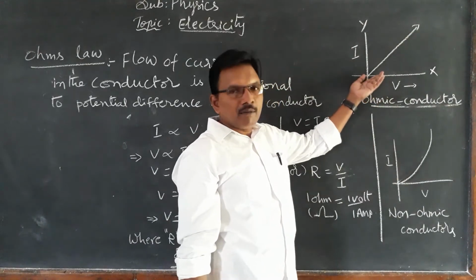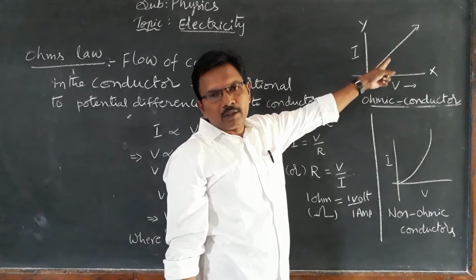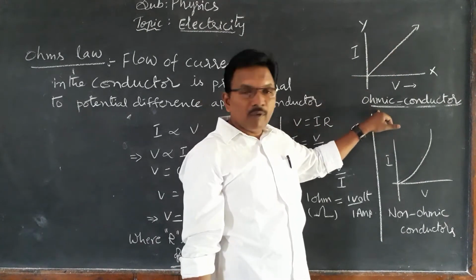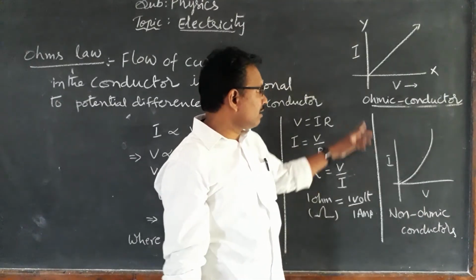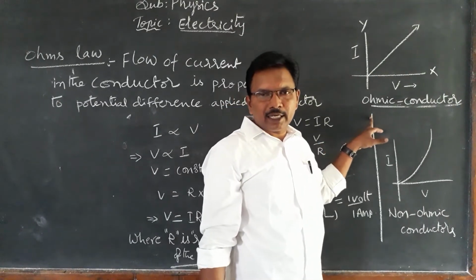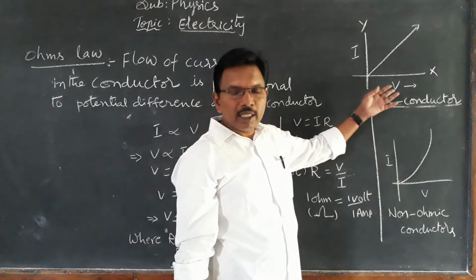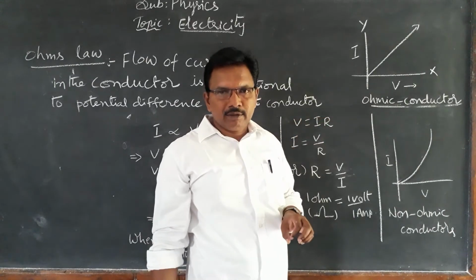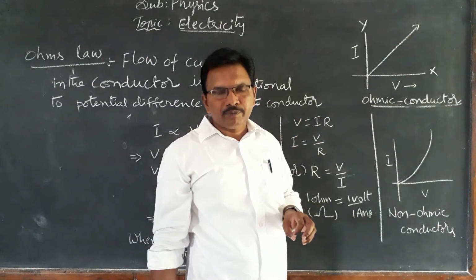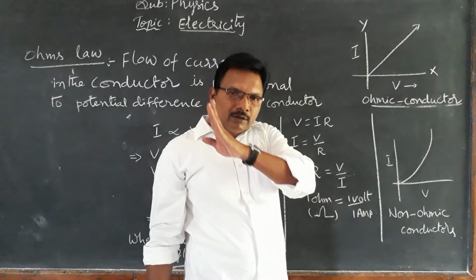If the graph is a straight line, it represents a good conductor following Ohm's law, which we call an ohmic conductor. What is the meaning of this? If you increase the voltage in the conductor, the current also increases in the same way.